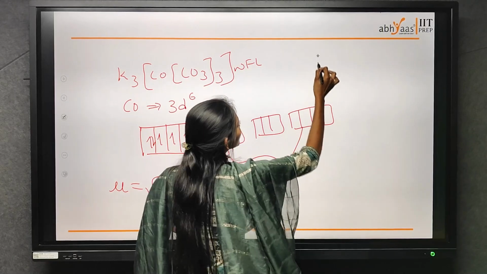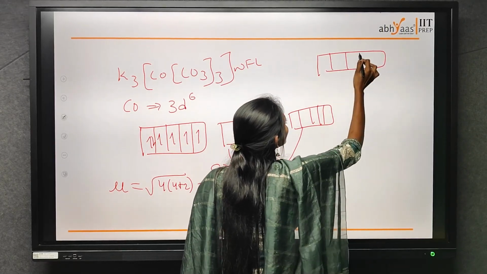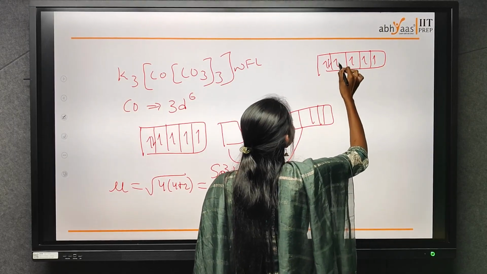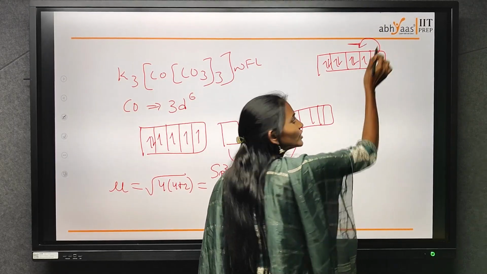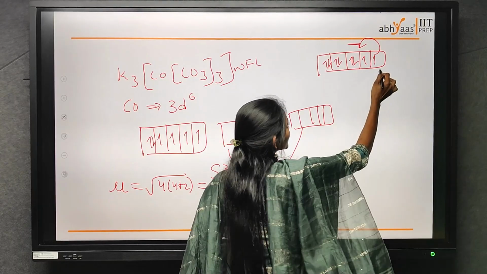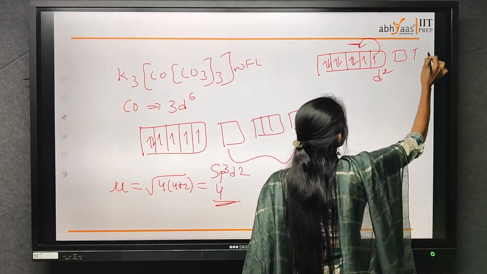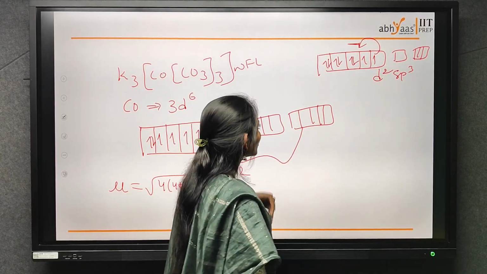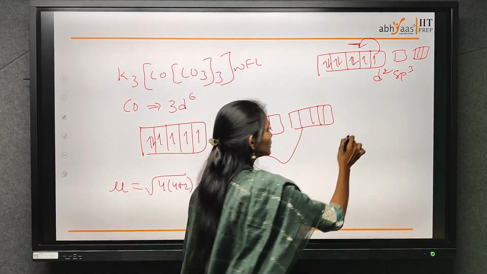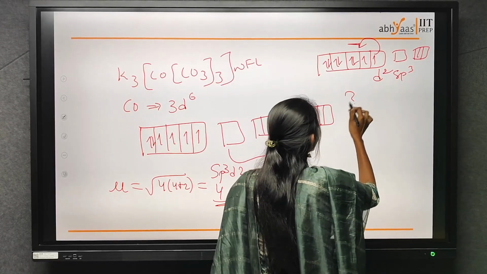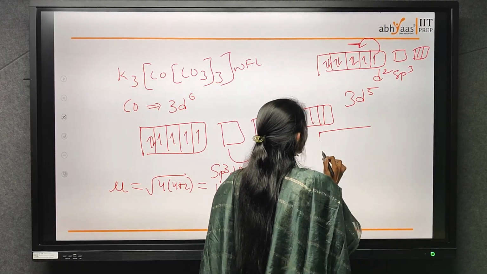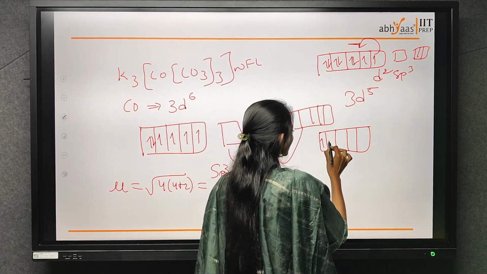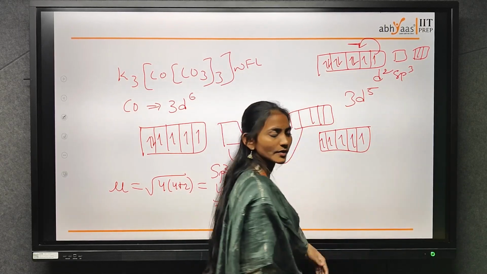I'll write it here. You are having 1, 2, 3, 4, 5, 6, 7, 8. This electron is splitting in this way. Then what happens here is dsp2. And moving on to the next case, we are having manganese. So here manganese, we are having 3d5. If you see the splitting here, 1 2 3 4 5. Same.